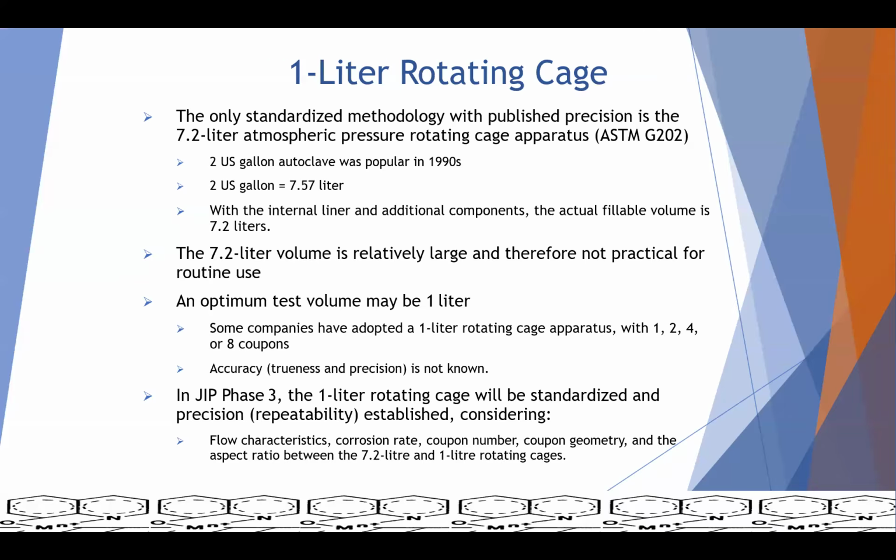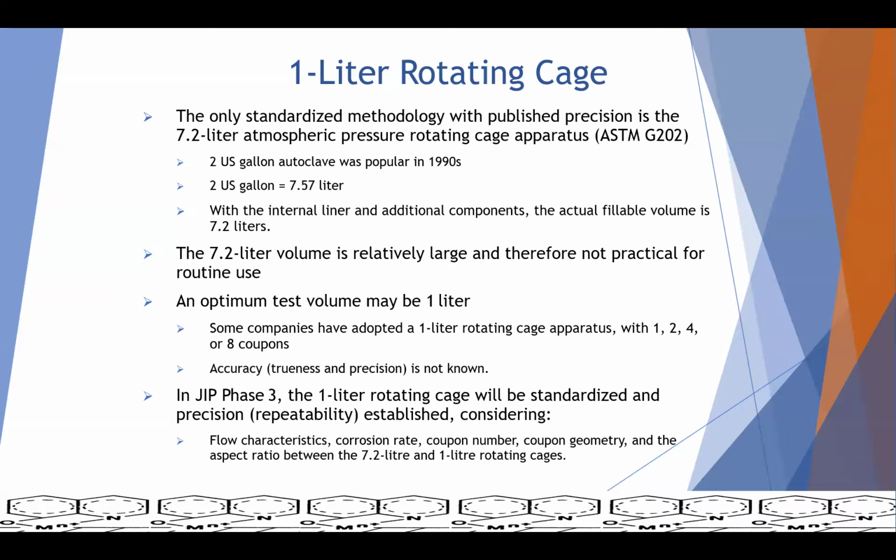Some companies are already using a 1 liter rotating cage, either with 1 coupon, 2 coupons, 4 coupons, or 8 coupons. And they claim that they follow ASTM G202. However, as we explained earlier, the 1 liter autoclave's accuracy in terms of trueness and precision is at this stage not known.